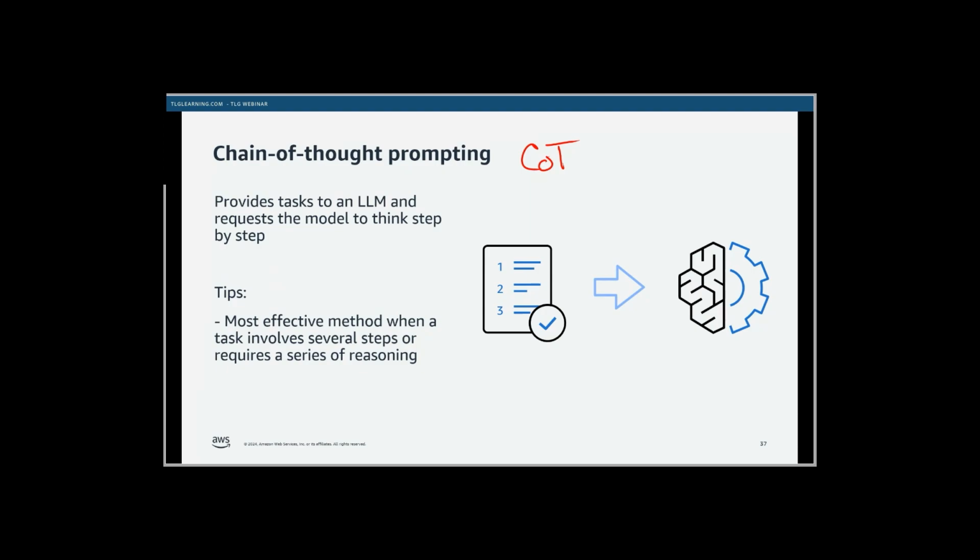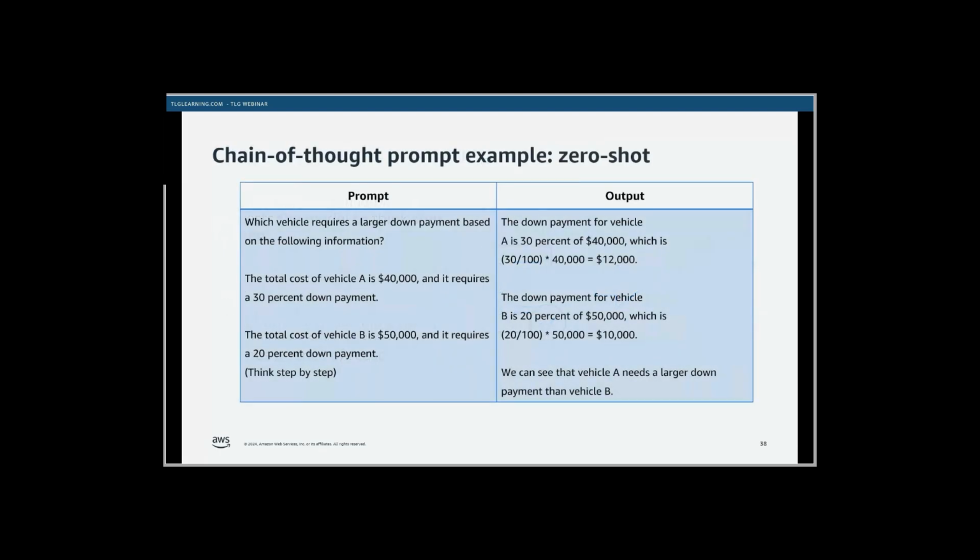It's kind of like asking it to show its work. Remember, in school doing your math problems, you had to show your work when solving some sort of math problem. That's sort of what you're asking the AI here. It's very effective when the task involves several steps or requires a series of reasoning. Work through the task that's presented like this.